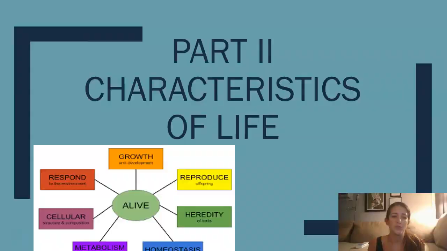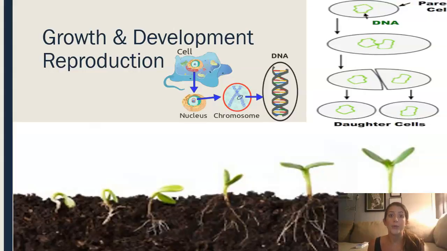Okay, so the first ones we're going to talk about are growth and development. Just growth by itself really isn't unique to living things. If you think about a snowball rolling down a hill, as it accumulates more snow, it's going to grow and get bigger. So not really unique to living things, but when you have that development piece attached to growth, that's when it does become unique to living things.